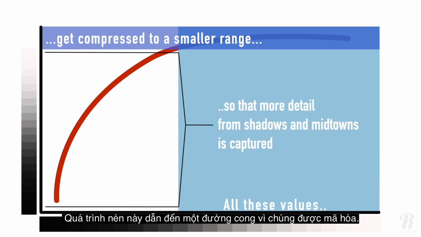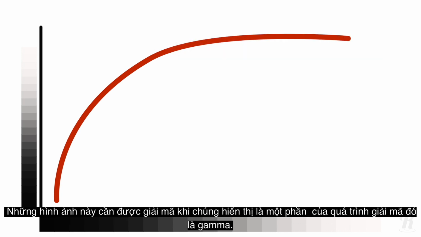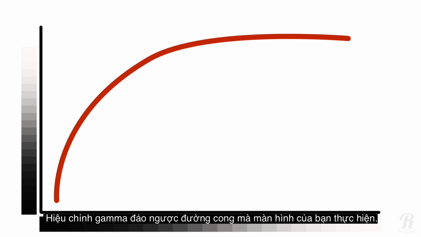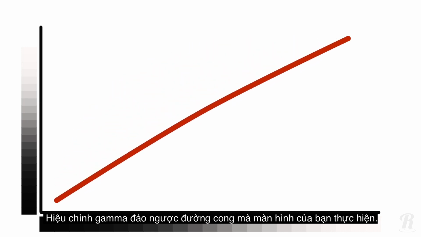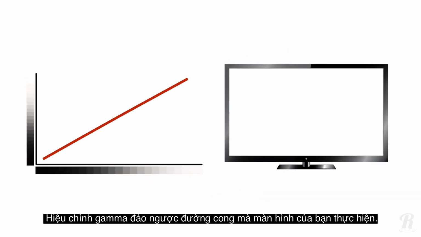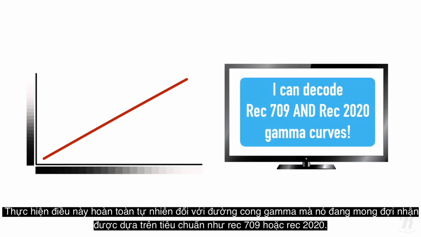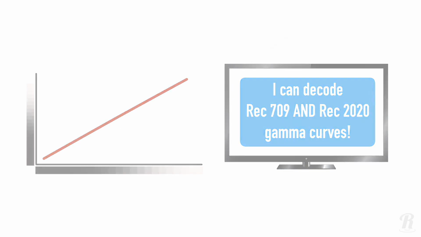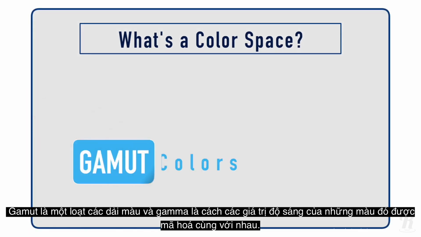This compression results in a curve like this. Since they are encoded in this nonlinear fashion, these images need to be decoded when they're displayed. Part of that decoding process is gamma correction, reversing that curve. Your display does this automatically for the gamma curve it is expecting to receive based on the standard, like Rec. 709 or Rec. 2020.